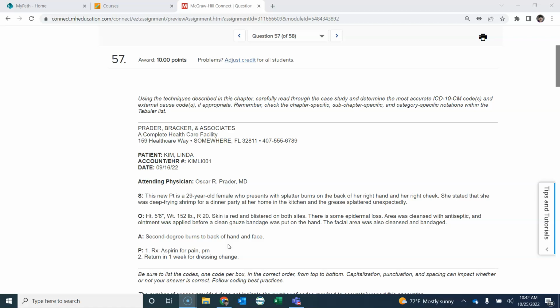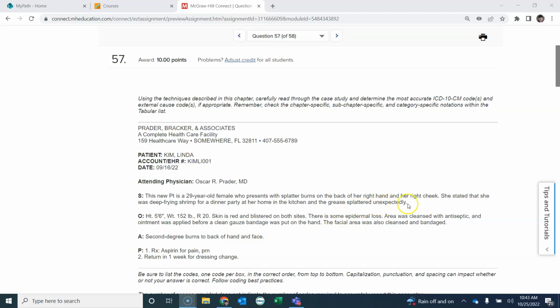So we kind of got to imply here that because it doesn't say that she's come back or it's a late effect, that this is the first time she's being seen and it's just happened. So it's going to be an A. So our secondary burn of the back of the right hand is T23.261A.